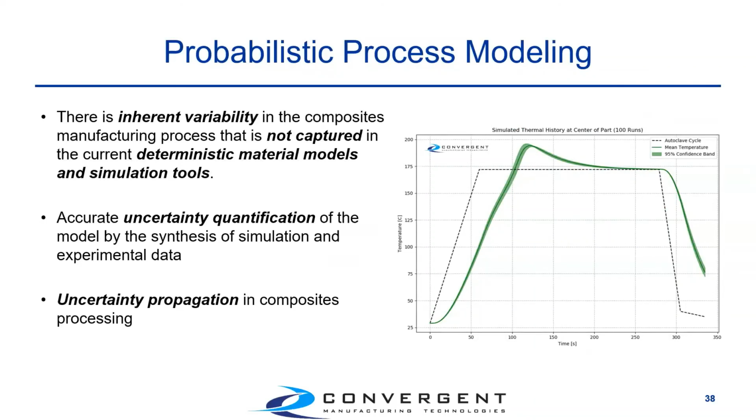The idea is to incorporate those variabilities and propagate that through the simulation, in this case, to predict the temperature of the part as well. So instead of having one analytical solution that gives you a single temperature, it gives you a distribution of the temperature predictions as well.